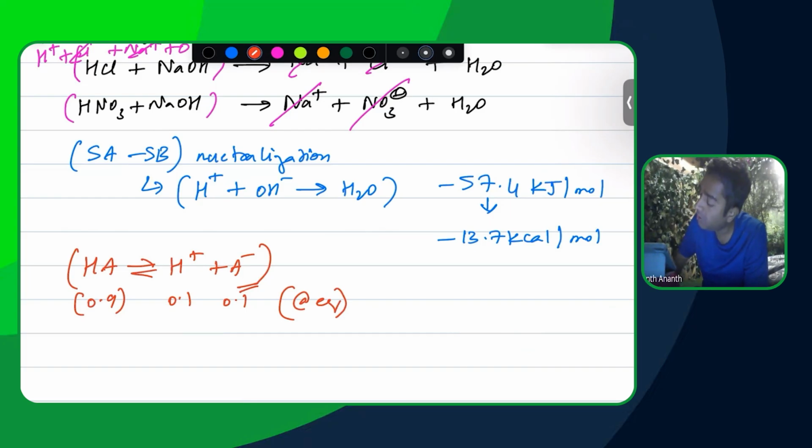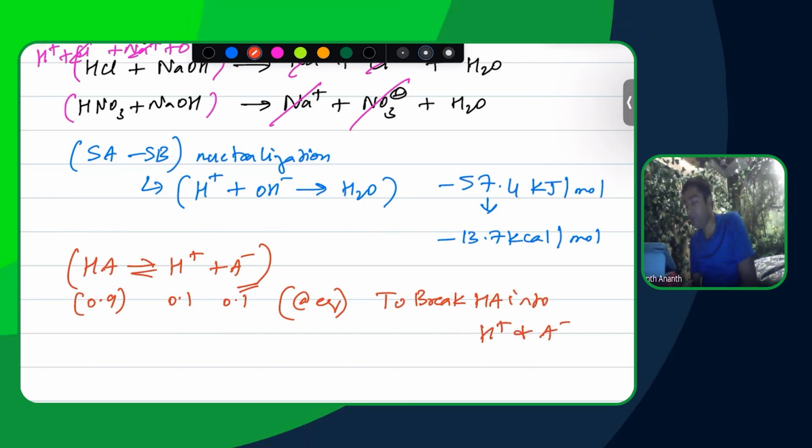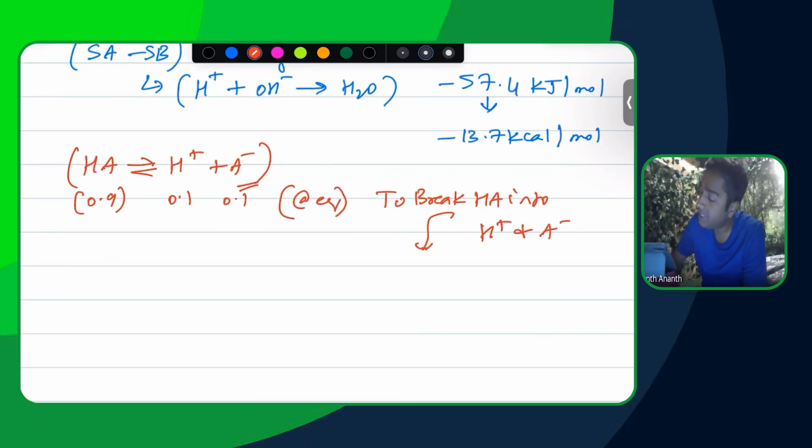Let us say to break HA into H plus and A minus, I'm going to require, let's take a random value here, say 10 kilojoules per mole.